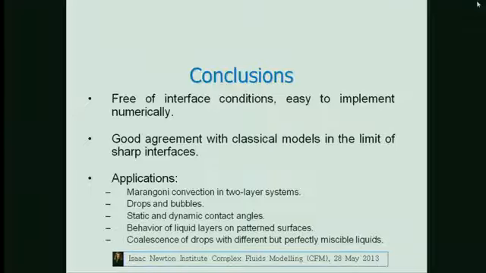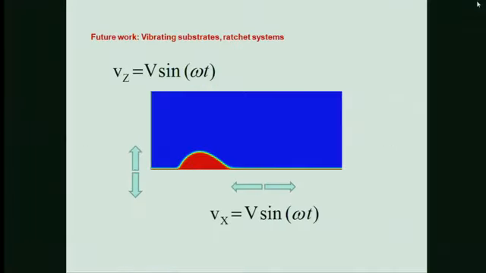And for future work, we are interested in the behavior of thin liquid layers and droplets on shaking substrates. For the liquid layers, we'll speak about the Faraday instability. And here I have a preliminary result. This is a droplet sitting on a solid substrate, and we shake in the X and in the Z direction.